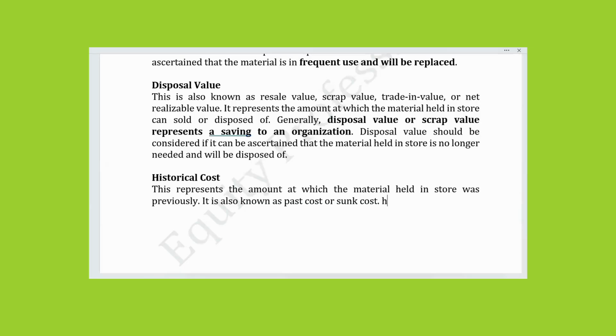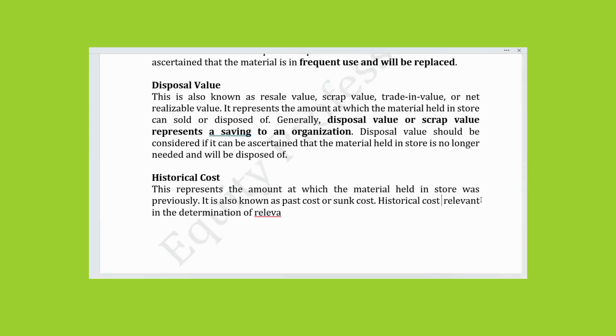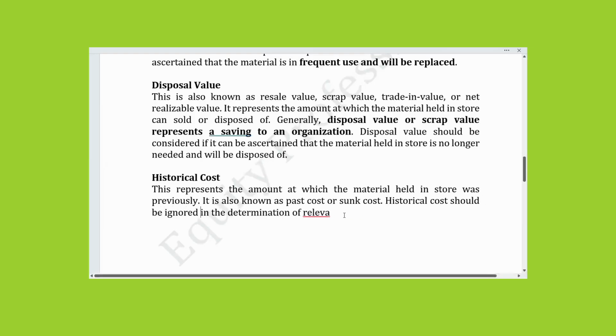Historical cost is not relevant, and should be ignored in the determination of relevant cost.